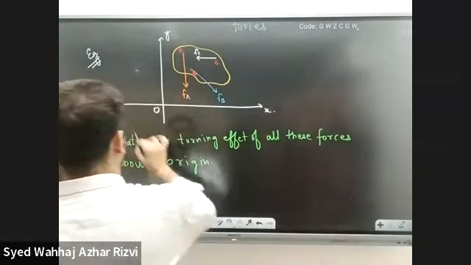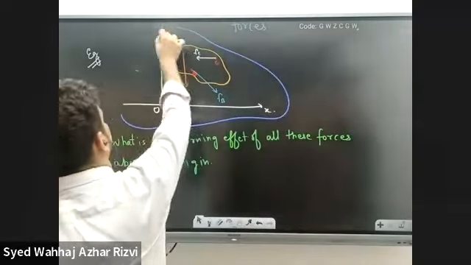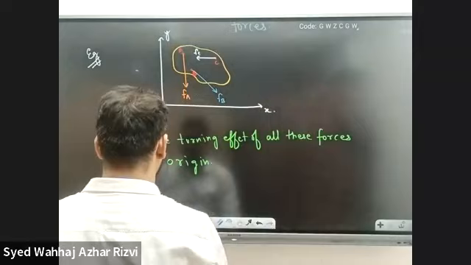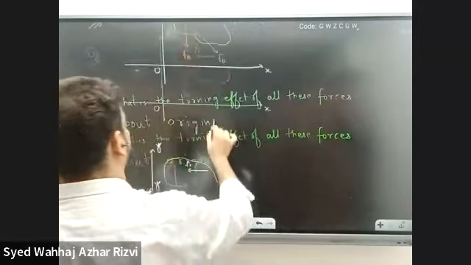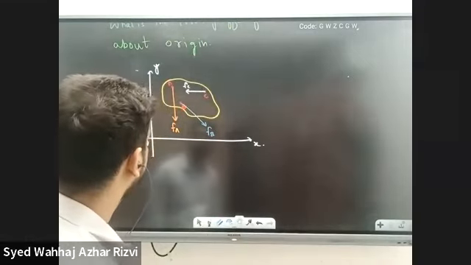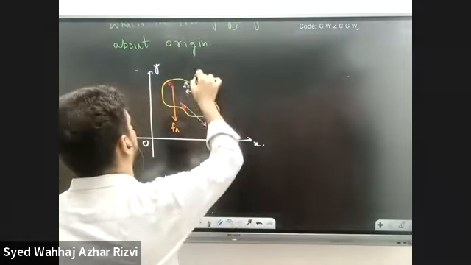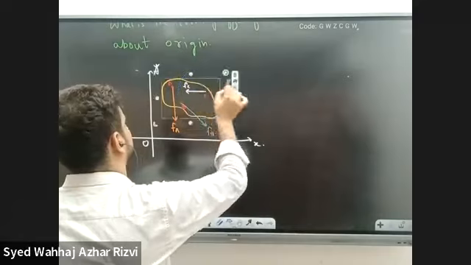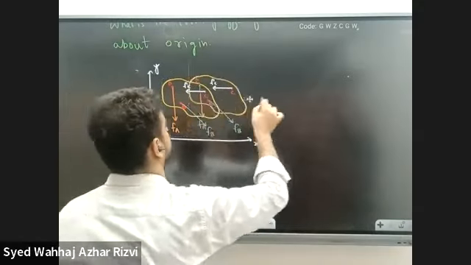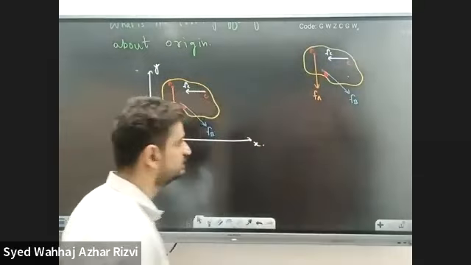Okay. Now let's try to find out what's going to be the answer of this question. When we are trying to find the turning effect of forces, we want to find the moment of force. Now let's do one thing.